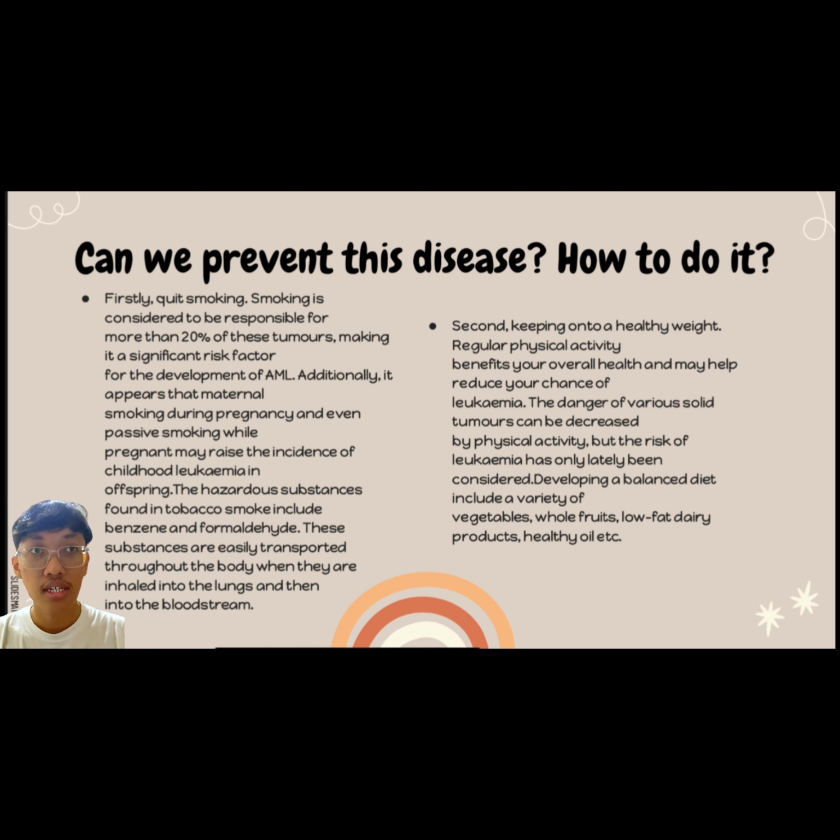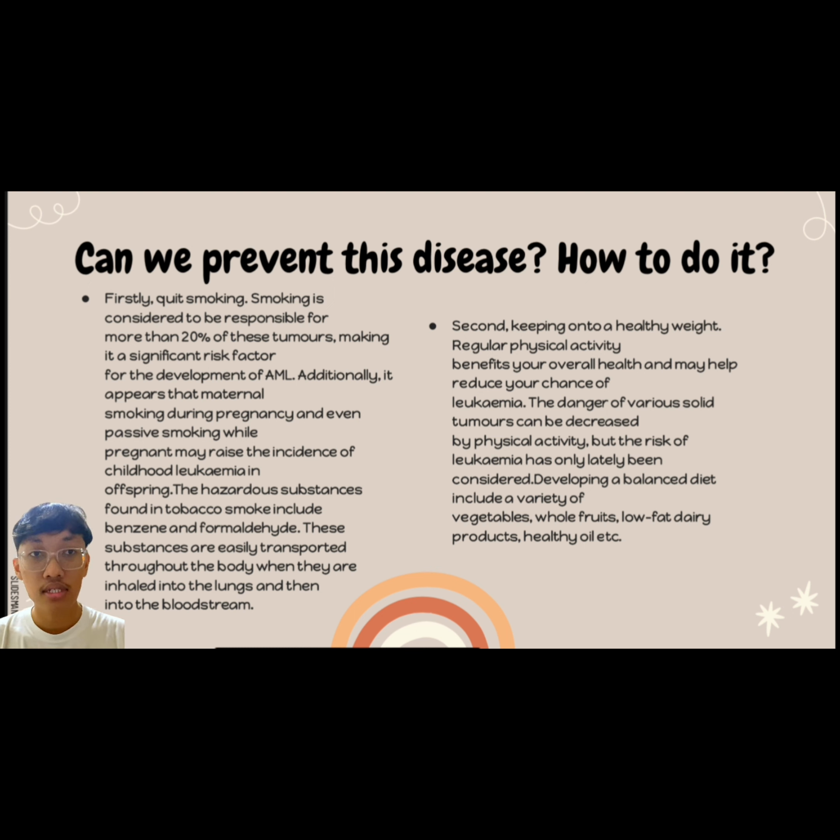So firstly, quit smoking. Smoking is considered to be responsible for more than 30% of these tumors, making it a significant risk factor for the development of AML. Additionally, it appears that maternal smoking during pregnancy and even passive smoking while pregnant may raise the incidence of childhood leukemia in offspring.